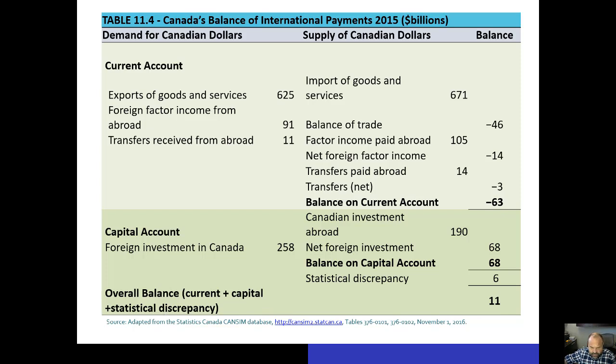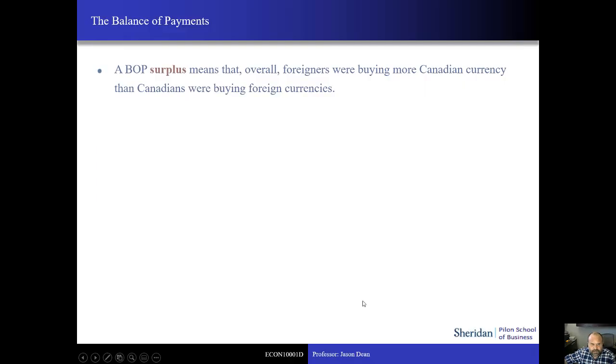So in this case, we can think of there being an overall inflow, or we benefited. So if there's an overall inflow, then we must have accumulated foreign exchange reserves. And so that would be offset by the official settlements account. Okay. So a balance of payments surplus means that overall foreigners were buying more Canadian currency than Canadians were buying foreign currencies.